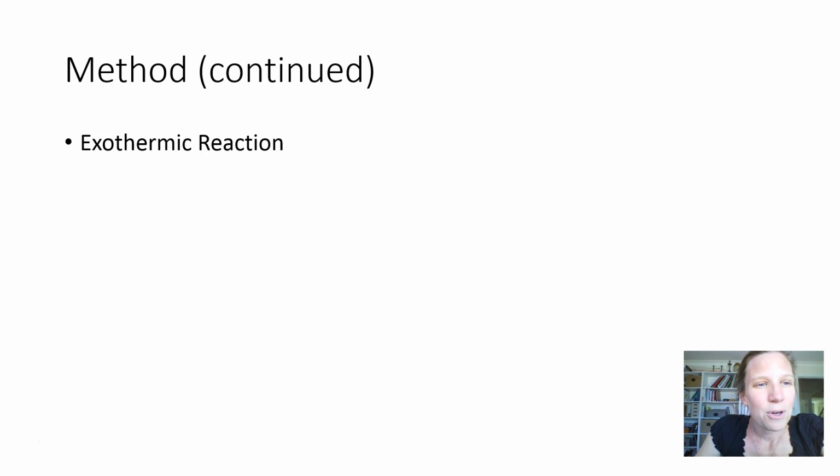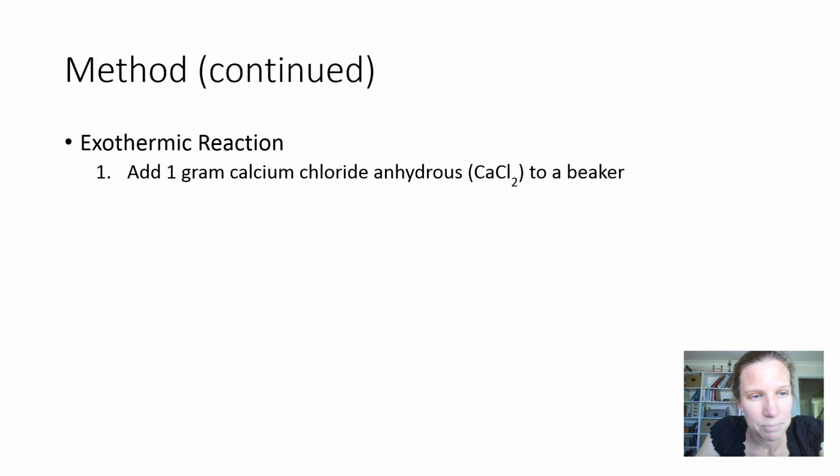Now the method for your exothermic reaction is very, very similar. And again, this is why you need to be very, very careful to read your labels. First, add 1 gram, only 1 gram, of calcium chloride anhydrous, or anhydrous calcium chloride. Again, I include the chemical formula to help you to recognize it.